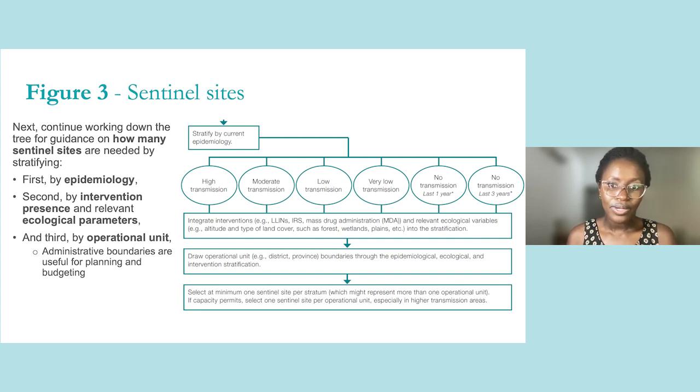Select at minimum one Sentinel site per stratum. Unfortunately, there is no data that clearly tells us how many sites is the correct number of sites. Therefore, programs should consider funding and capacity in addition to eco-epidemiological criteria to prioritize which sites to select for entomological activities.